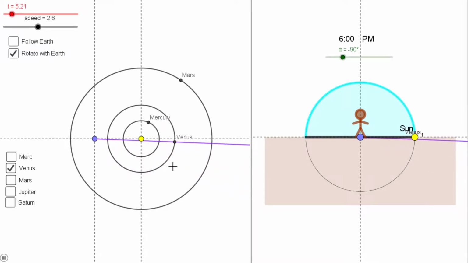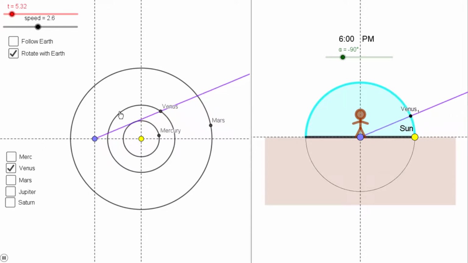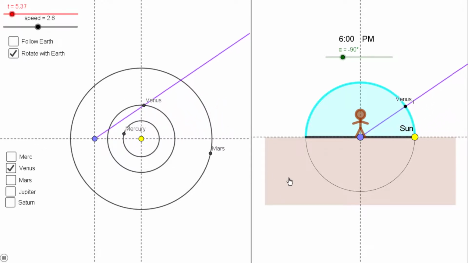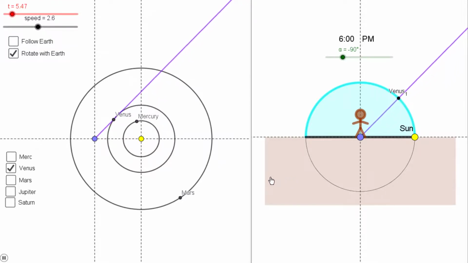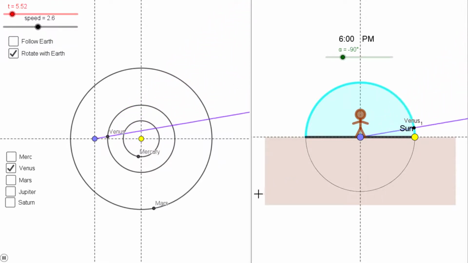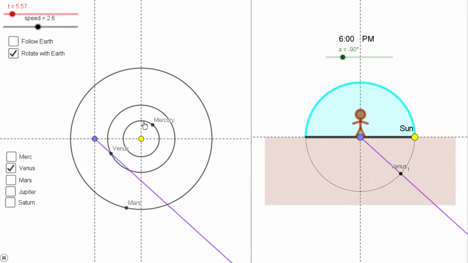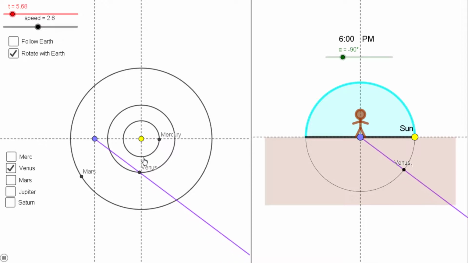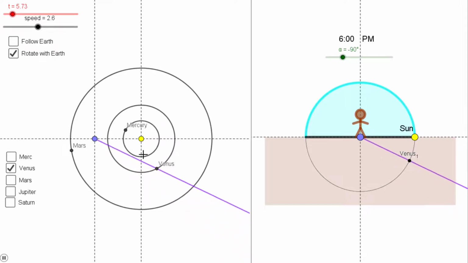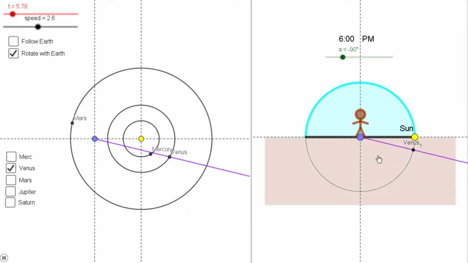But then it takes a long time to go around the far side of the sun and come back up to greatest elongation in the evening sky. Now, the same thing happens for Mercury, although it's not as extreme, because the tangent lines here for Mercury are a little bit closer to being symmetric. But again, a long haul coming back around.